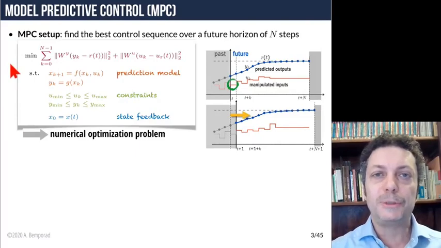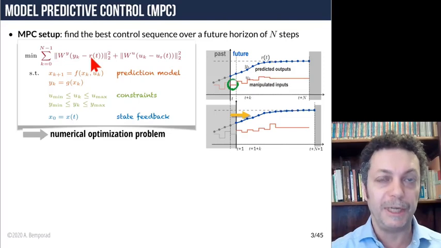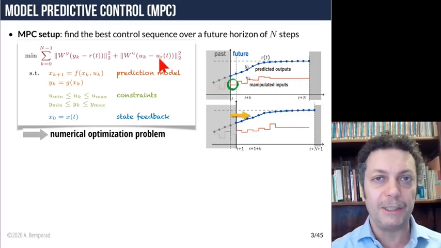So the optimization problem is usually based on a quadratic performance index where you penalize deviations of the predicted output from the reference signal, so the tracking error, and also you have penalties on the inputs. This could be, for example, penalties on the deviation between the inputs that you want to apply and the corresponding steady-state optimal inputs.